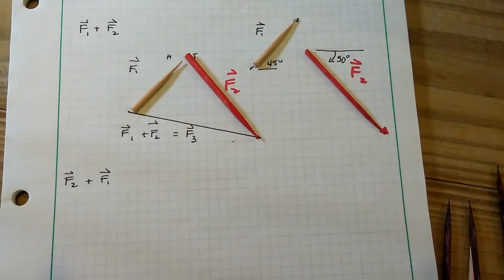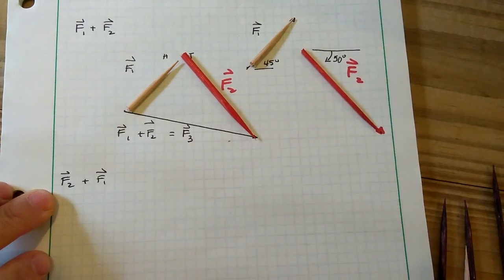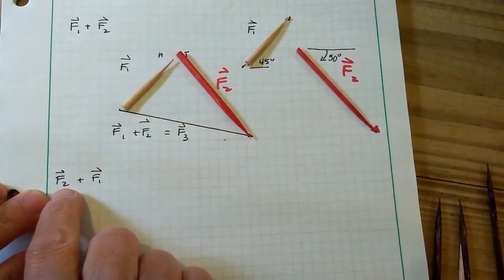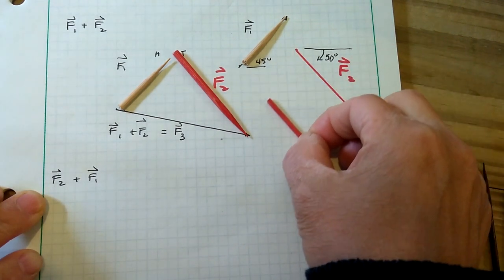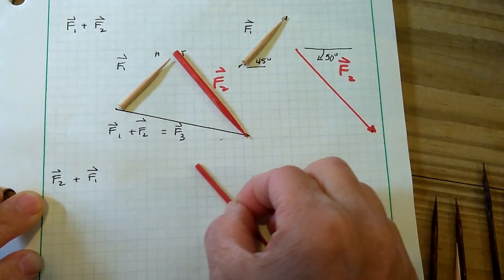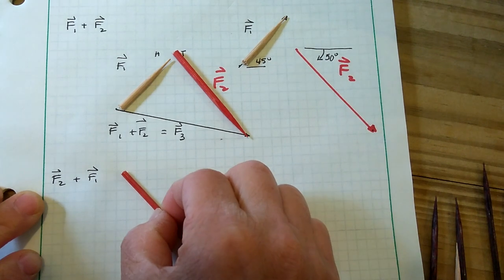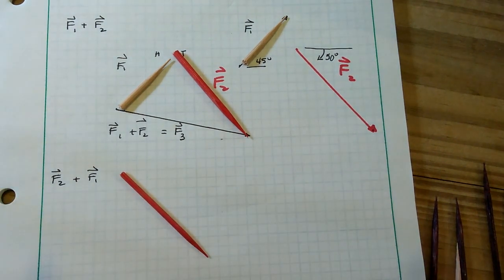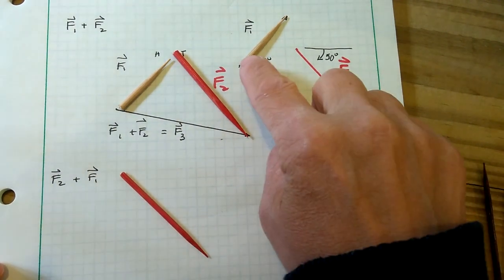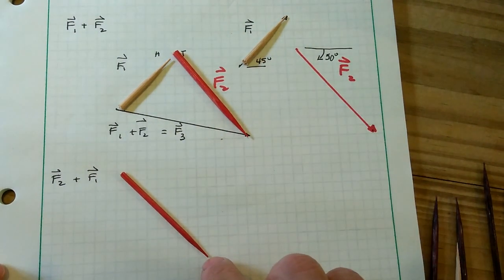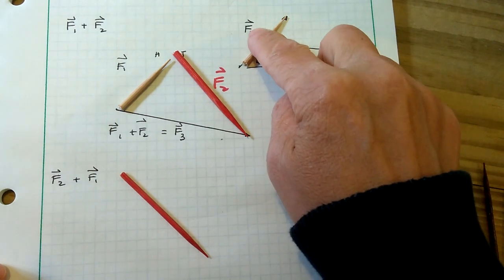So let's now add force 2 and force 1 vectors together. So I'll need the force 2 vector, and I can translate that. As long as I keep it at that 50 degrees direction, I'm good. So here's my force 2. And what I have to now do is take that tail and put it on this head of force 2.